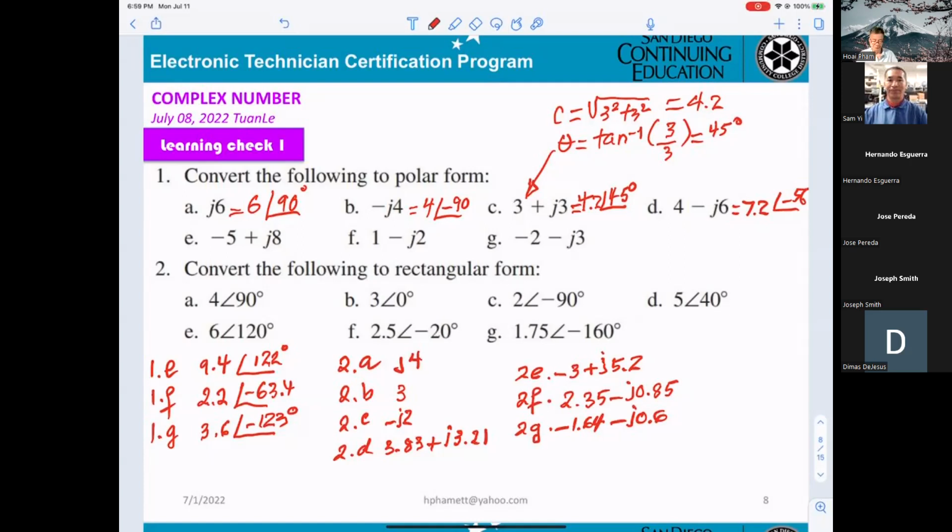Remember, if you are adding or subtracting, then the form must be rectangular. And if you want to multiply or divide, then they must be in polar.